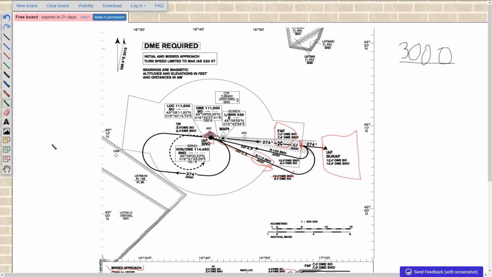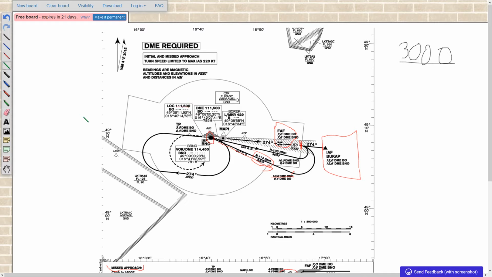Let me show, for example, this figure. These are the frequencies of, for example, this localizer, and the Morse code. Yes, it is the frequency of the ILS. You see, it is the localizer of the ILS.